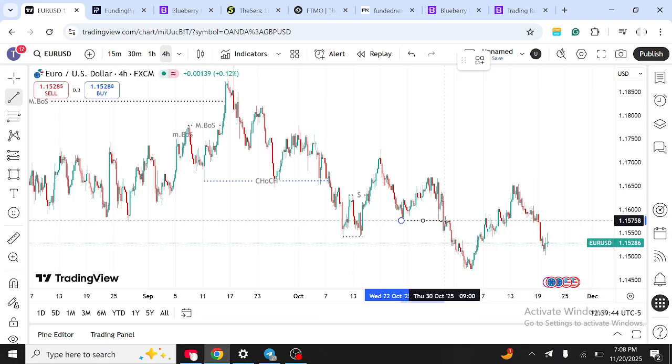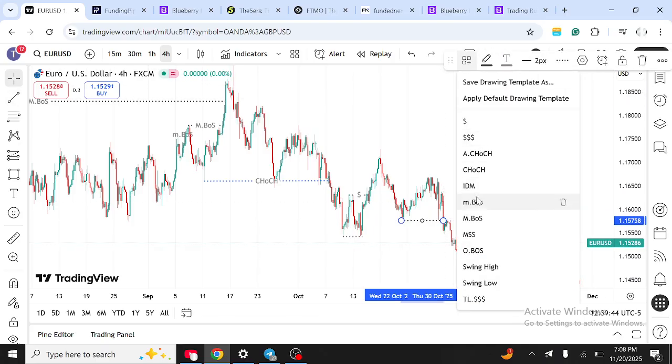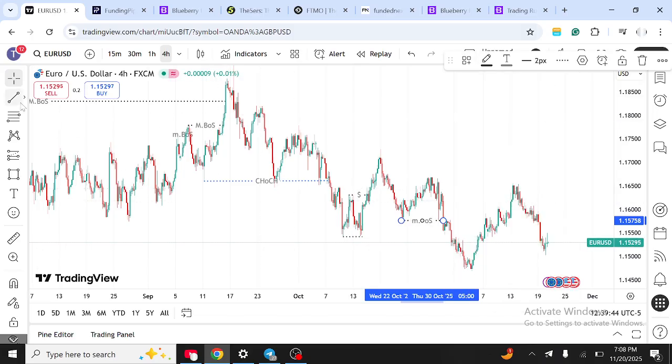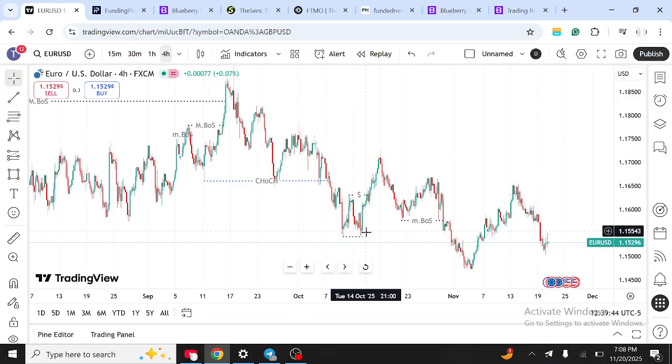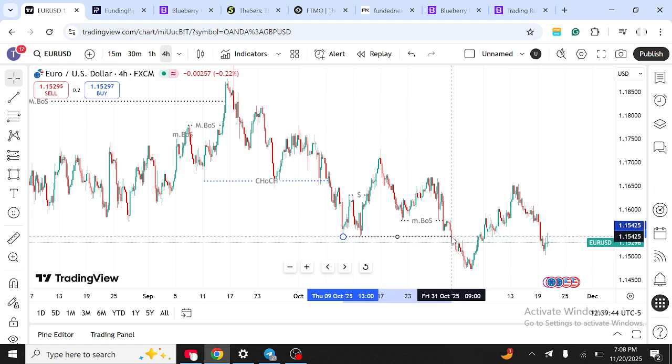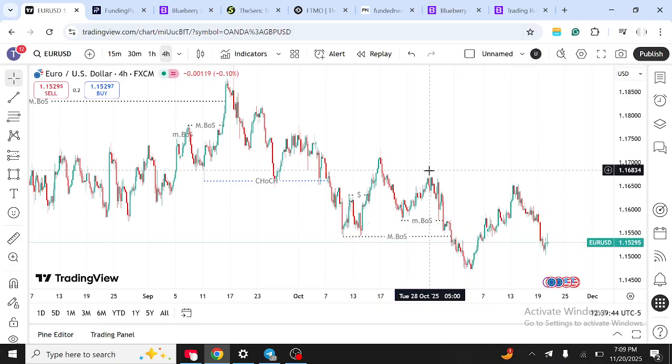So this is what you can call either your sweep of liquidity or minor break of structure, but let's just call it minor break of structure. And this will now be the swing low that is taken out, which we can now call the major break of structure. Do you get the concept? The major break of structure.